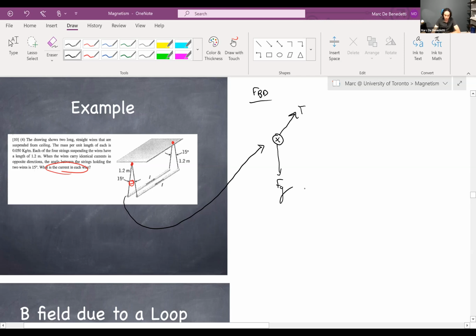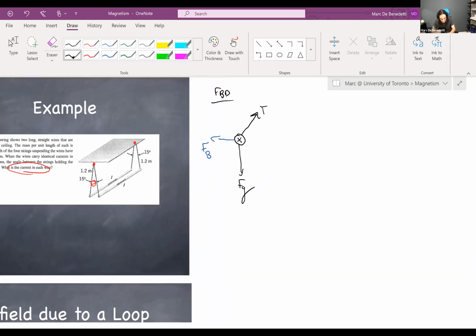And I have one other force that I'm missing, because right now, as I've drawn it, the vertical part of tension balances gravity, but the horizontal part of tension is unbalanced, right? So there has to be something balancing the horizontal component of tension. So the thing I'm missing here is some sort of magnetic force pushing to the left. So there's my free body diagram.